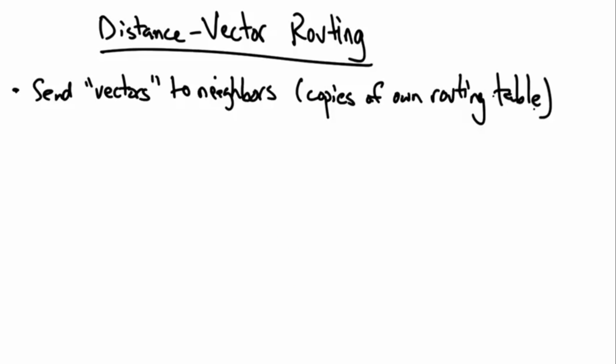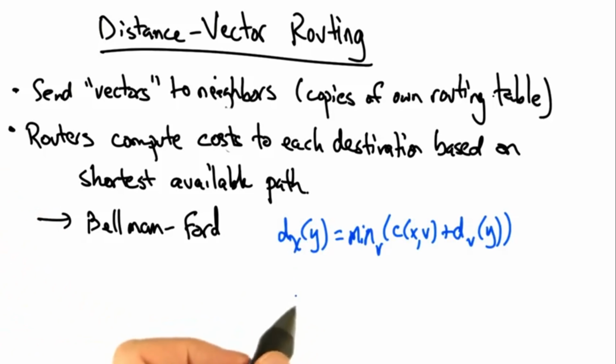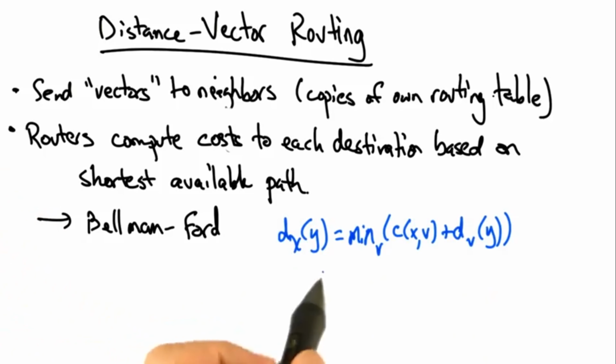In distance vector routing, each node sends distance vectors to each of its neighbors, essentially amounting to copies of its own routing table. Routers then compute costs to each destination in the topology based on shortest available path. Distance vector routing protocols are based on the Bellman-Ford algorithm. A node X's forwarding table is based on the solution to the following equation.